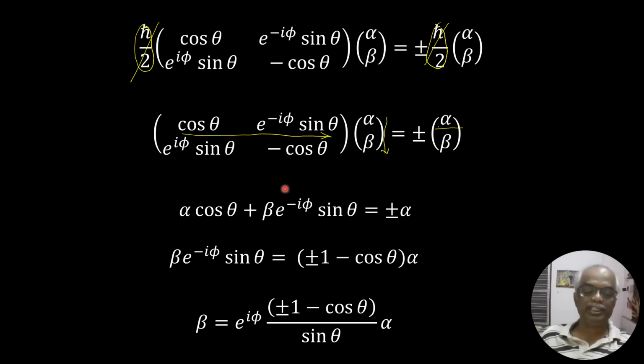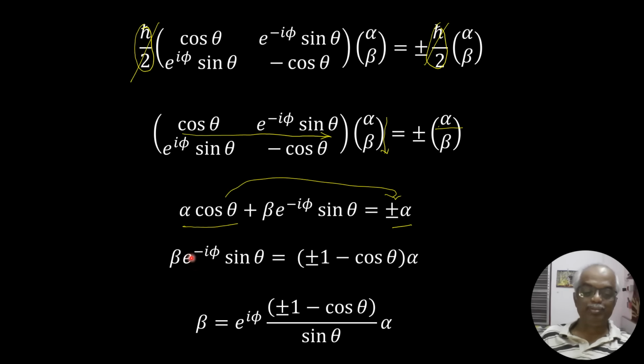No worry about it. Now what I am going to do is take the alpha term to one side. Here you have alpha cos θ, and here plus or minus alpha. You bring the alpha cos θ to the other side. Naturally you will get beta e^(-iφ) sin θ equals plus or minus 1 minus cos θ, times alpha.